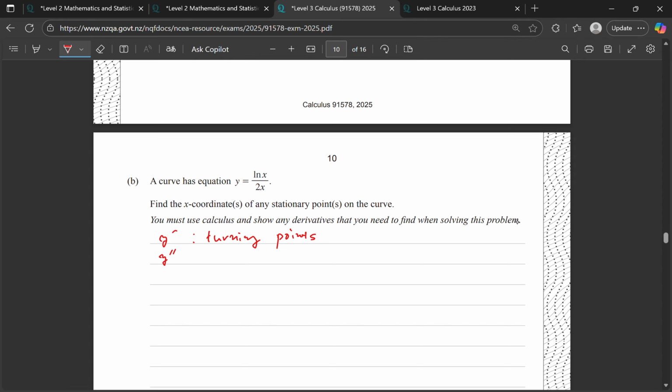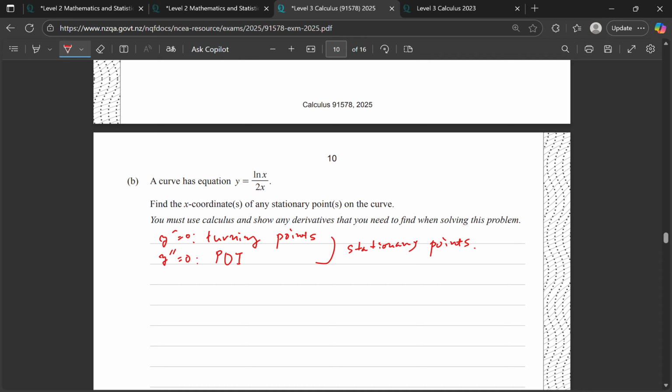And the second derivative to find what? Point of inflection. So they both are called stationary points. So you have to find y prime and set it equal to 0, and the second derivative equal to 0.